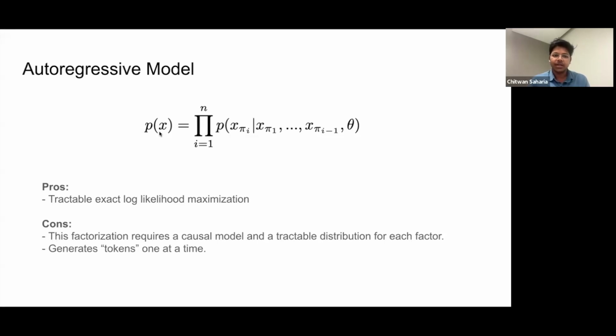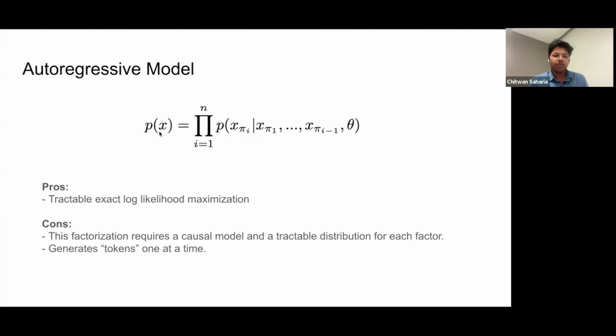And this is the crux behind the modern language models that are used to model text. Now, one of the main disadvantages of autoregressive models is that in order to compute this tractable log likelihood, you have to add a constraint to the model where it has to have this causal structure, where a token can only depend on the tokens before it and cannot depend on the tokens after it.